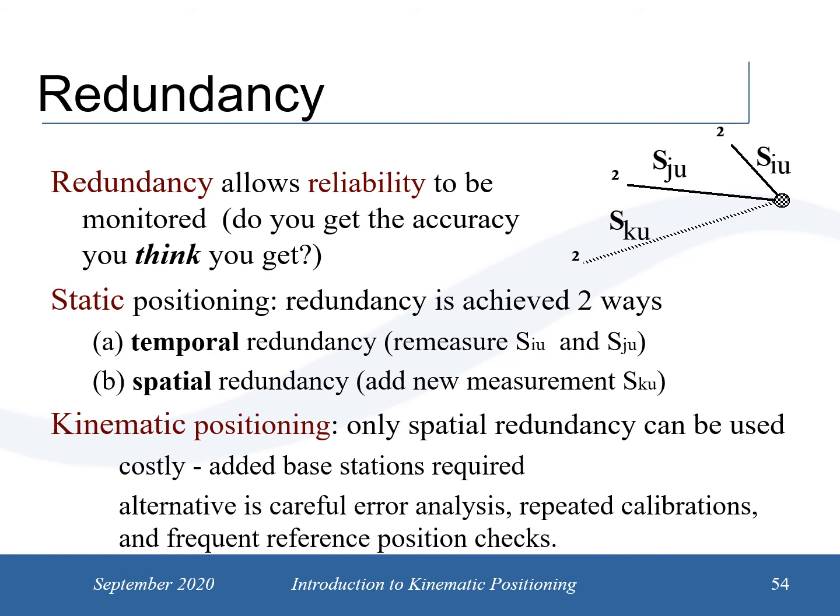Reference position checks would be, for example, if we are making surveys that go in parallel lines vertically, we may add some lines that go horizontally, crossing the vertical lines. So the intersections of these lines would serve as position checks.